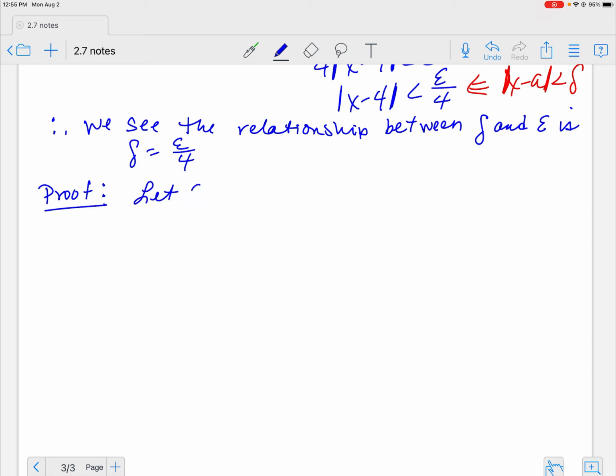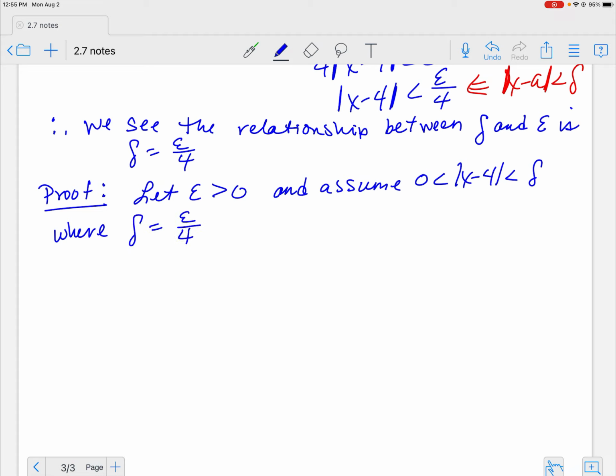We're going to let epsilon be greater than 0 and assume that 0 is less than the absolute value of x minus 4, which is less than delta. And remember, something happens whenever that relationship is, okay, where, because we already figured this out, delta is equal to epsilon divided by 4. So if that's the case, 0 is less than the absolute value of x minus 4, which is less than epsilon divided by 4.